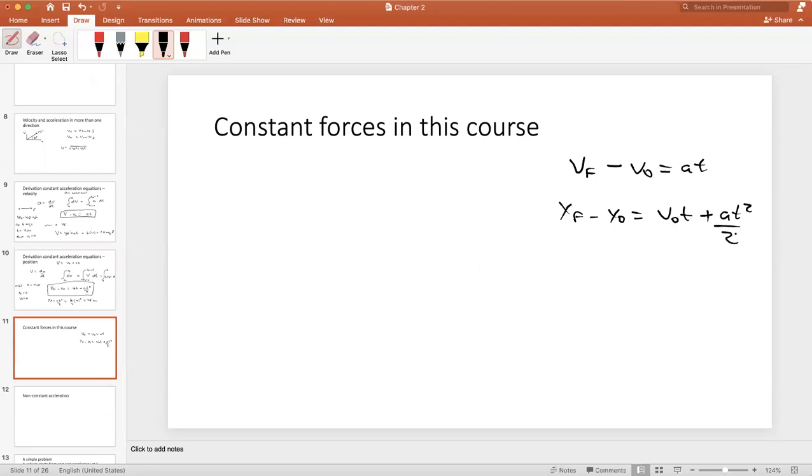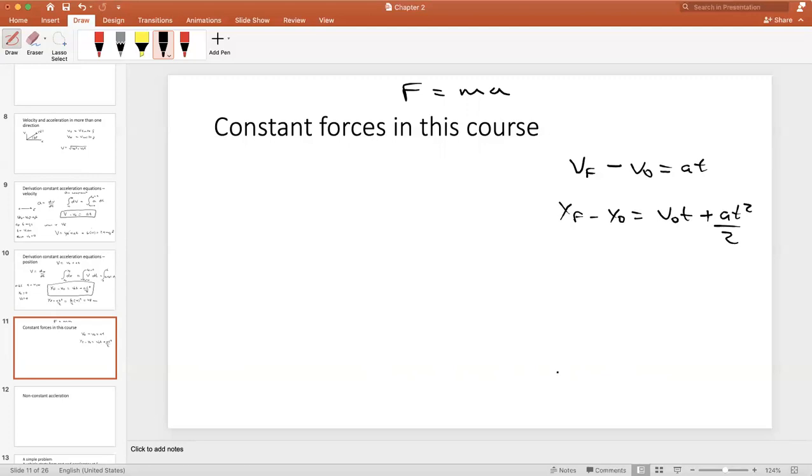We're going to use constant acceleration a lot in this course. The reason why is that we're going to assume our forces are being applied constantly, okay? So we're going to have constant forces, and if the force is constant and it's equal to ma, well, the mass is constant, obviously, so the acceleration has to be constant.